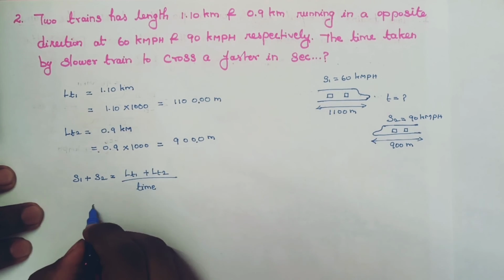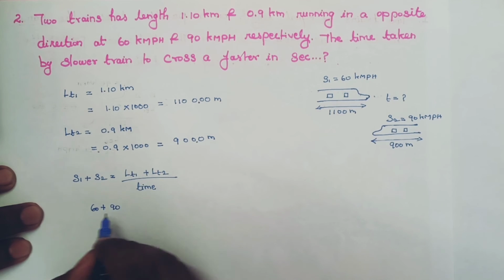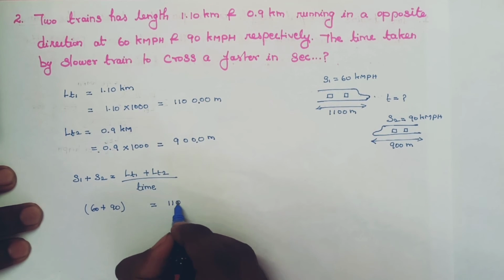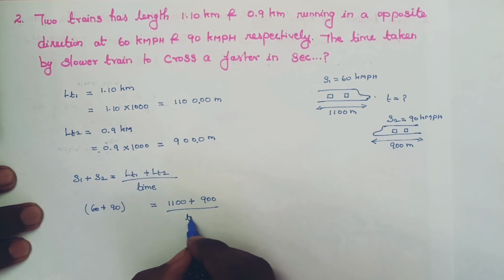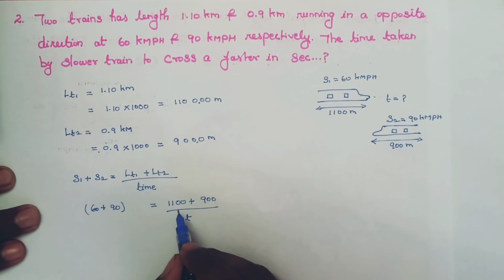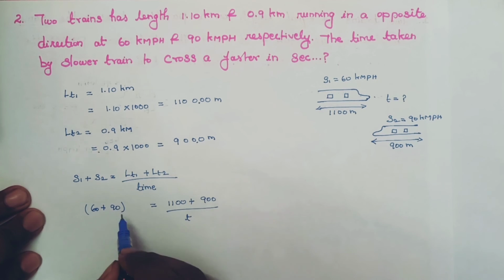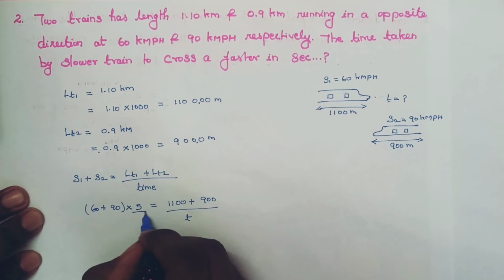S1 plus S2 is 60 plus 90, that is equal to the length of the two trains divided by time, which we have to find here. The distance, the length of the trains, is in meter, so we have to convert the speed from kilometer per hour into meter per second. So 5 by 18.